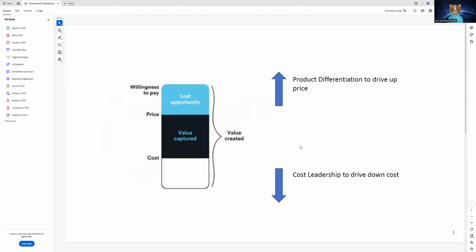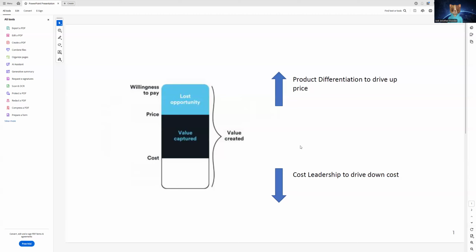And the way you drive up the prices is to create product differentiation, something unique, different from the competitor's product. It doesn't have to be totally different, but you need some differentiation compared to what the competitors are doing. Those differentiations are aligned with the customer's interest, so they're willing to pay more for it.